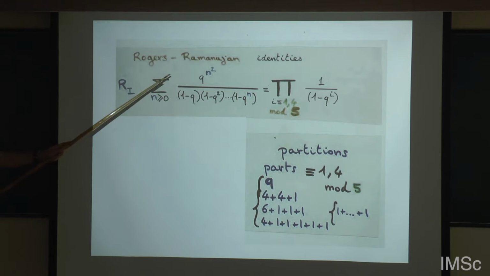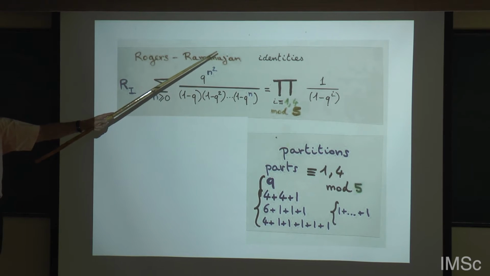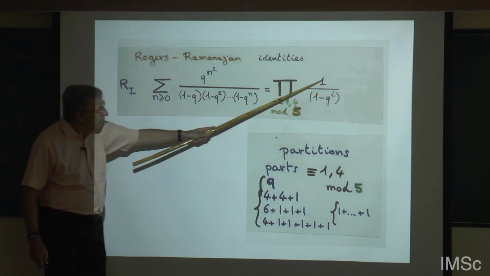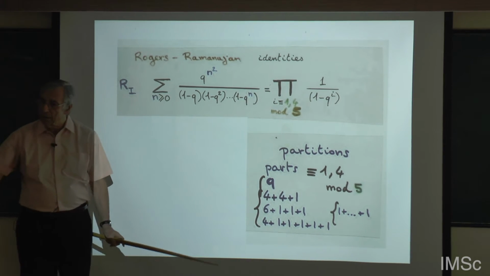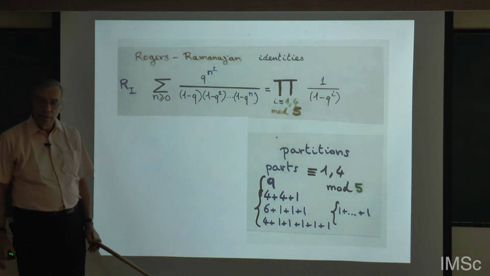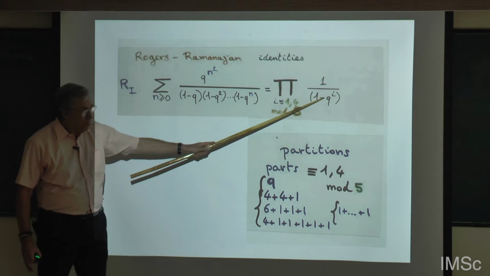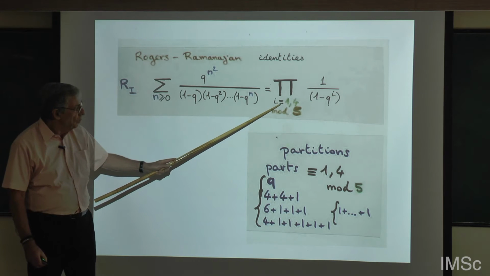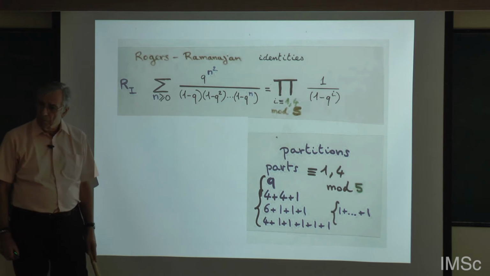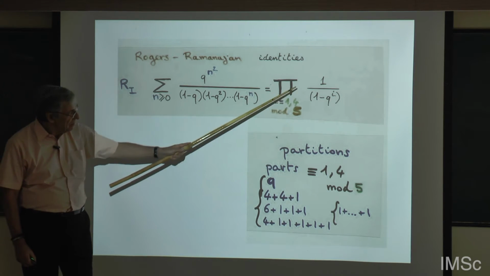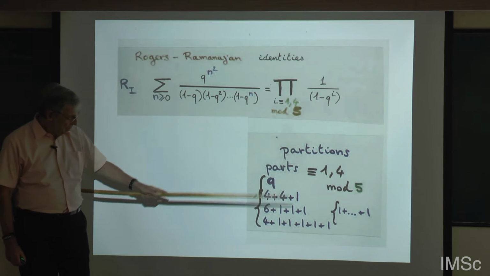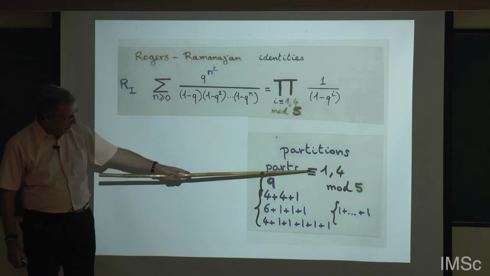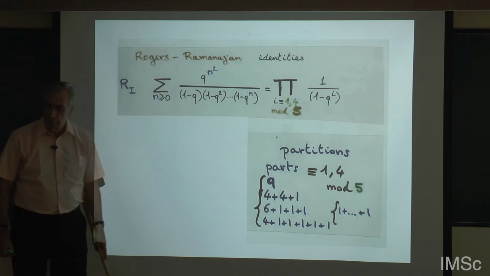And then the Rogers-Ramanujan identities. We can guess now that the right-hand side is a product of rectangles such that the number of columns of each rectangle is equal to 1 or 4 modulo 5. So this is a generating function for partitions of an integer such that the parts are equal to 1 or 4 modulo 5.